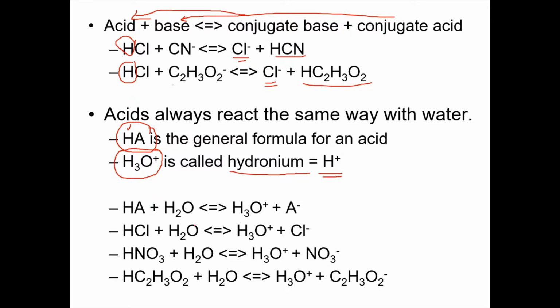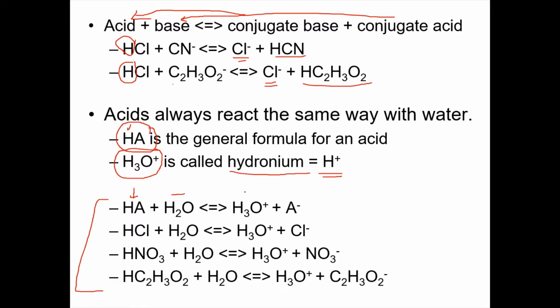Okay. So down here at the bottom, I have 4 reactions of acids with water. The first one is a general acid formula, and the others are specific ones. Basically, your acid right here reacts with water to form hydronium.